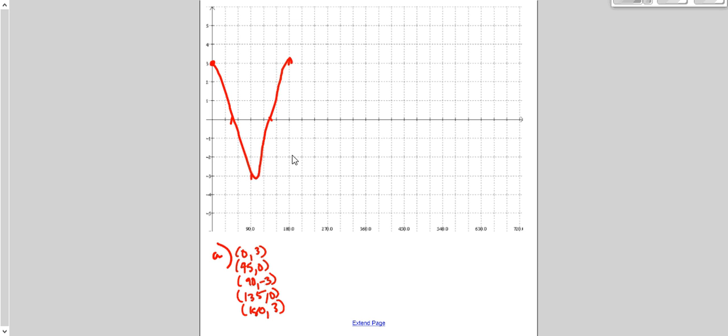And of course, we could keep going with this. So every 2.5 sections, we end up back. I feel like I'm off a little bit.